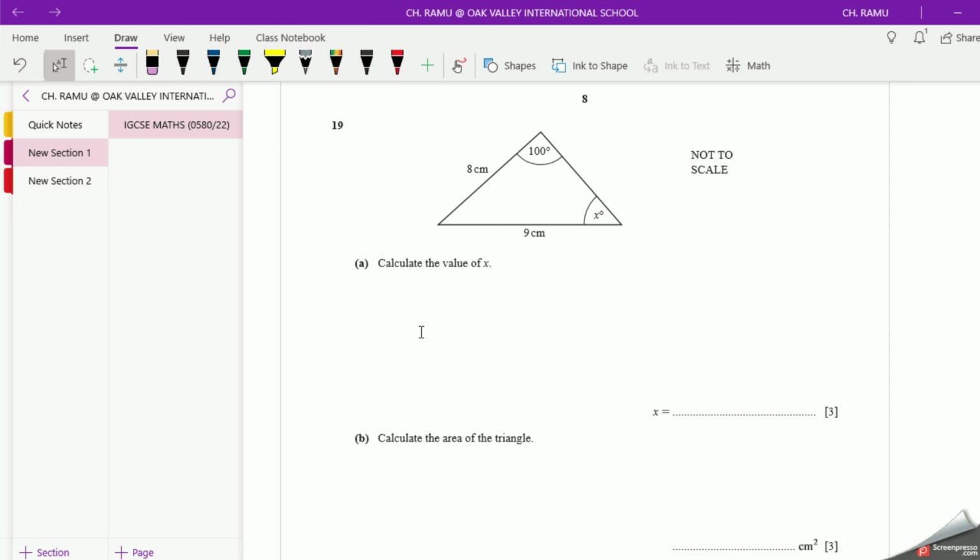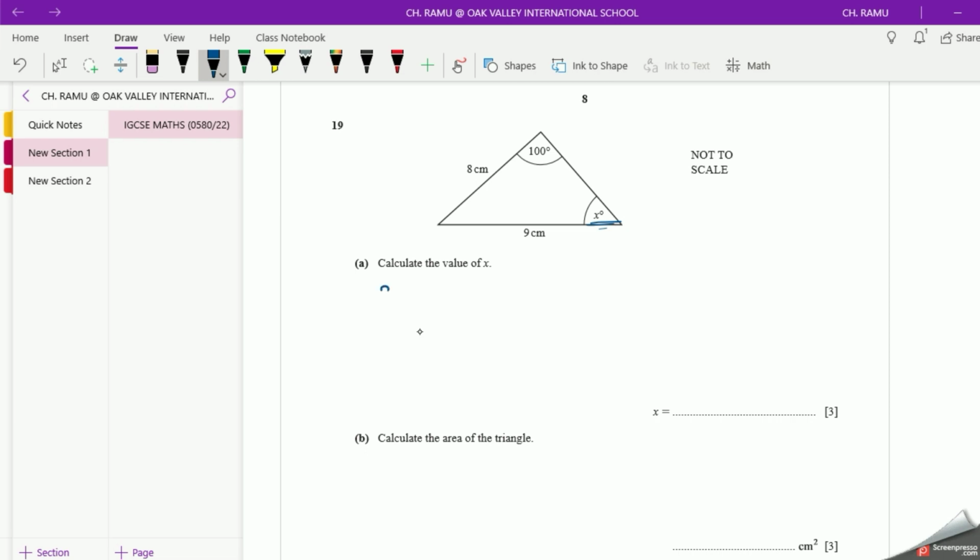Now question number 19. In the diagram they have given two angles and two sides. We need to find the angle x. In a triangle, if two angles and two sides are given, we have the sine rule. That is the formula: a by sin a is equal to b by sin b is equal to c by sin c.